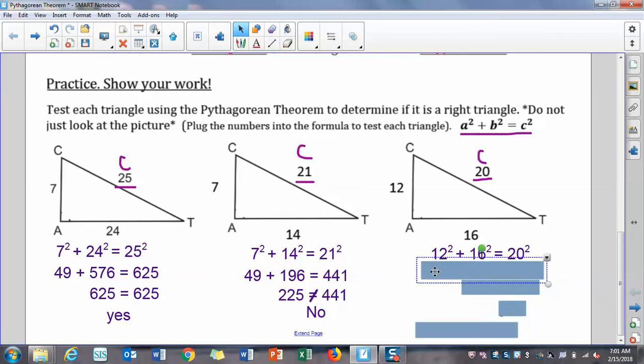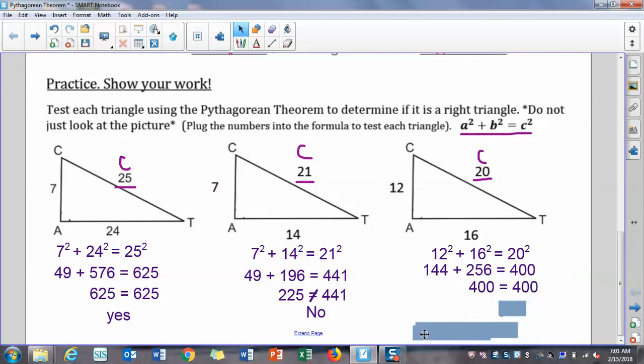Then we have 144 plus 256 is equal to 400. Now we want to see if 144 plus 256 is equal to 400. When we add that together, we get 400 is equal to 400. So yes, this is also a right triangle. So we can use the Pythagorean theorem to determine if a triangle is a right triangle based on the measures.